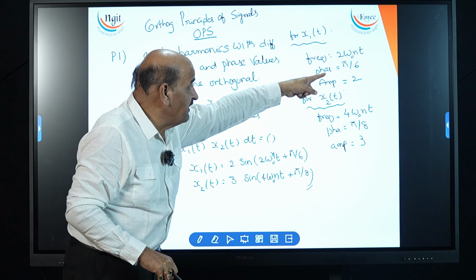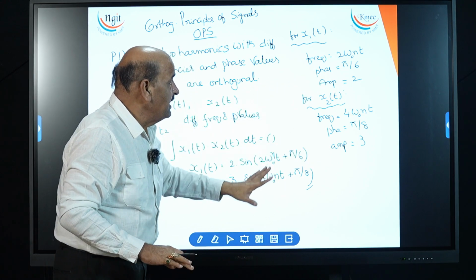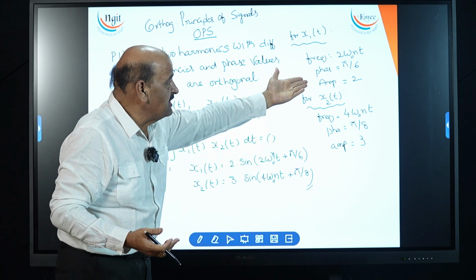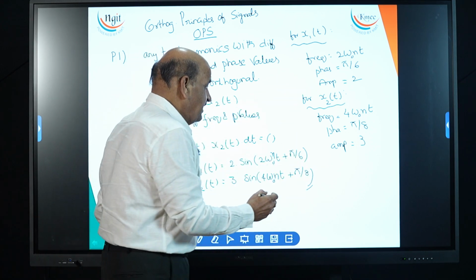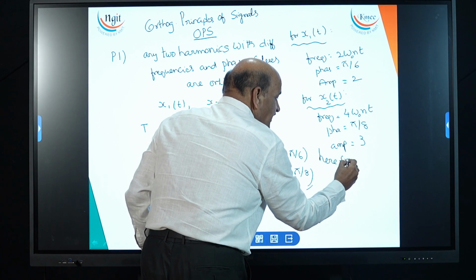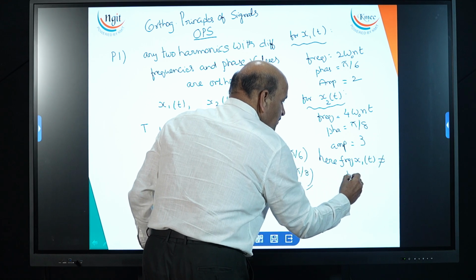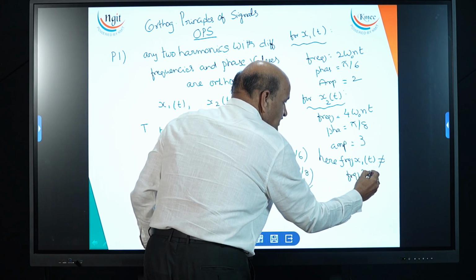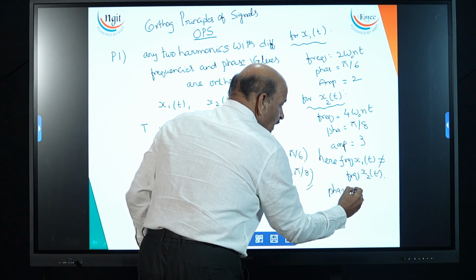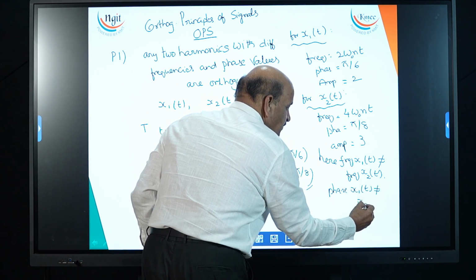Different. Here phase value. Phase value means angle. Pi by 6 here, pi by 8 here. Amplitude, no need to take into consideration. For your understanding purpose only, I have written the amplitude. So here, the frequency of x1 of t is not equal to the frequency of x2 of t. Next, the phase value of x1 of t is not equal to that of x2 of t.